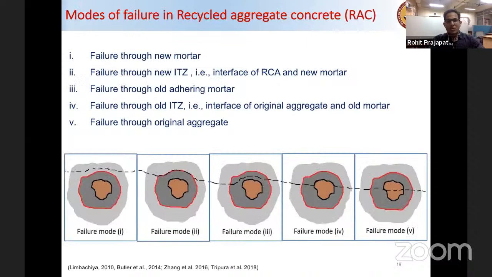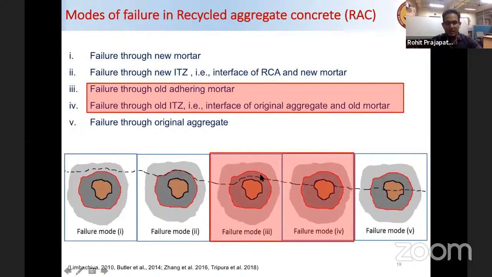Again, to look at the failure modes: we have removed this old mortar, so we have eliminated these two possibilities, where the failure could go through the old mortar, or through the ITZs between the aggregate and the old mortar.